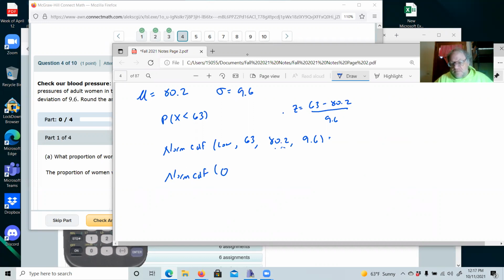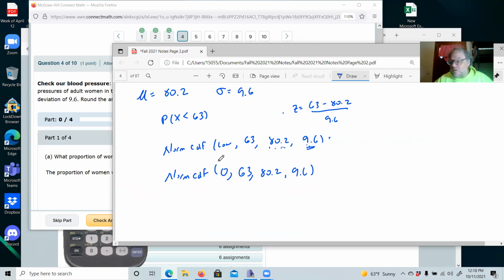Think about it like a football field: we label the 50-yard line 80.2, and every step you take is 9.6 yards. Then we see where we go. 0 is a lot of steps away from 80 if this is my step size. Okay, so we have 0, 63, 80.2, 9.6.